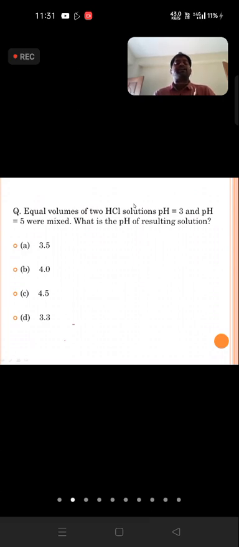Negative log of 5.5 into 10 to the power minus 4 will be 3.3. All of you need to calculate this one. This is important for your first slot exam. Correct answer is D, 3.3.